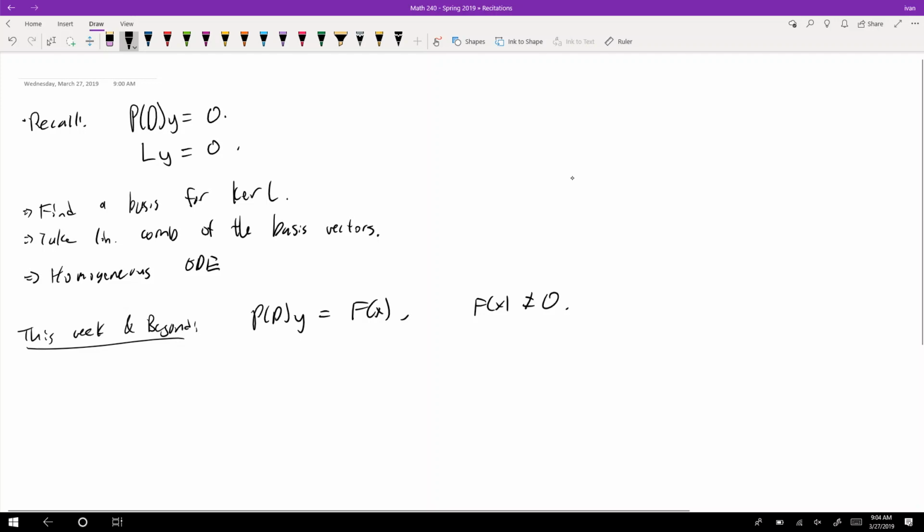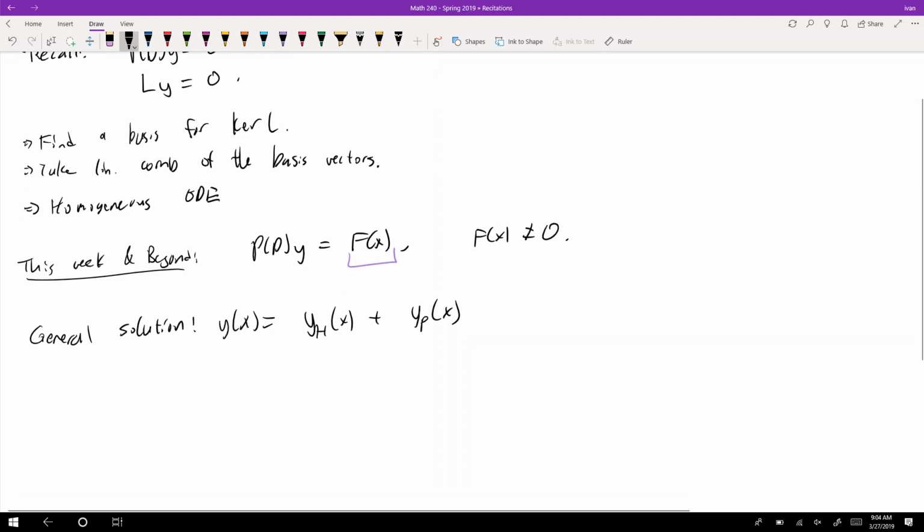And recall also that your general solution for an ODE was y of x is equal to the homogeneous solution, yh of x, plus the particular solution, yp of x. That's what we did last week, the homogeneous. This week we're starting to look at how to deal with this f of x on the right-hand side.